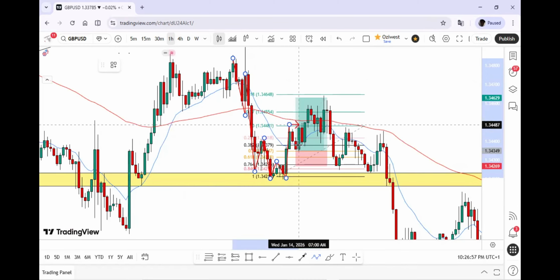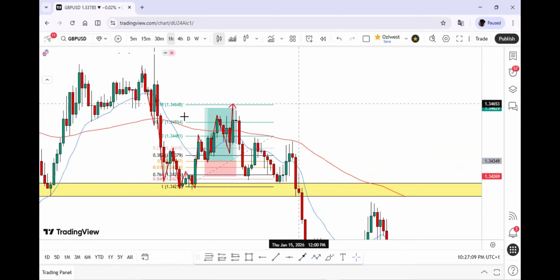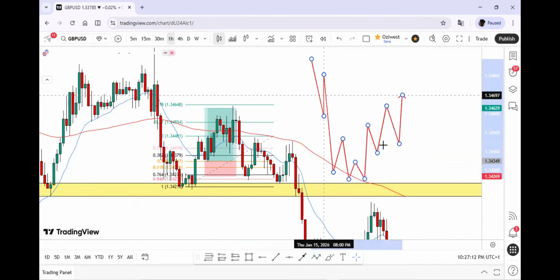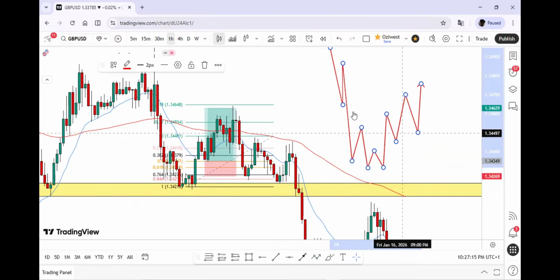Higher high, that's the higher low that triggered our trade, and price continued pushing upwards, smashing our take profit. So this is what price did right here. Clean structure break.